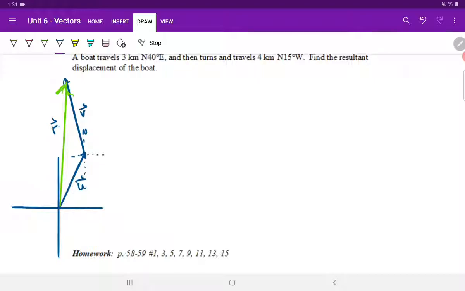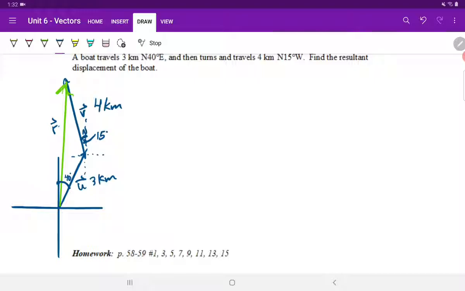So if I can find, well, I know that this is 3 kilometers, and I know that this is 4 kilometers. Do I know this angle here? Well, if this whole thing from the north line to that vector U is 40, then this angle in here with the north line is 15 degrees.